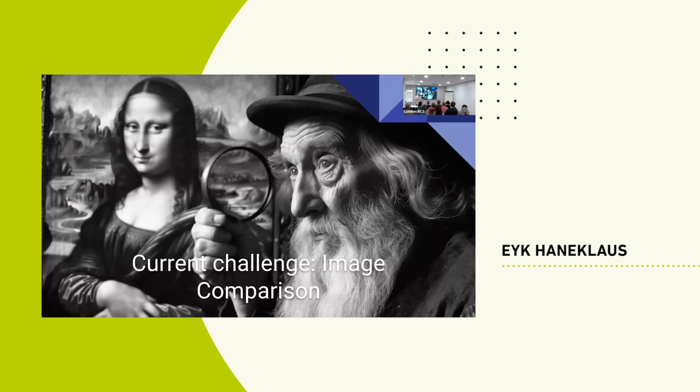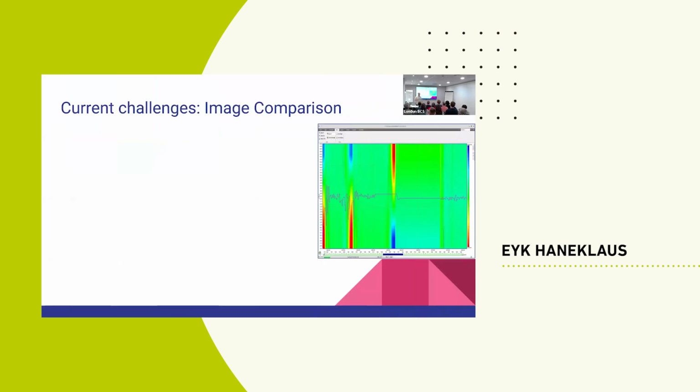So now to the last chapter and our current challenge. I chose image comparison as an example. This is a screenshot of one of the applications that we have, to explain the use case for image comparison. Imagine we have a really complicated control, a custom implementation or custom visualization of high resolution ultrasonic sensor data.